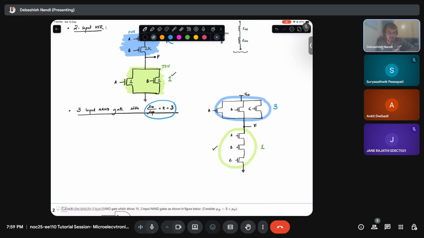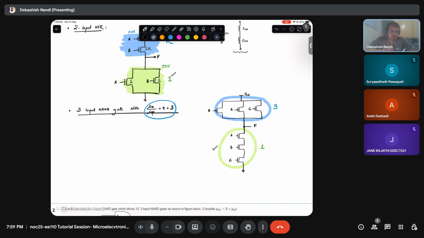Ankit, you don't answer. Let Surya Satvik answer. Yes, Surya, can you tell me what should be the size of A, B, and C transistors? You are on mute. You can give wrong answer. There is no harm.